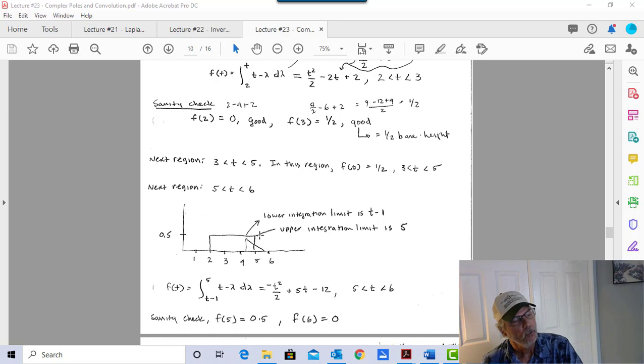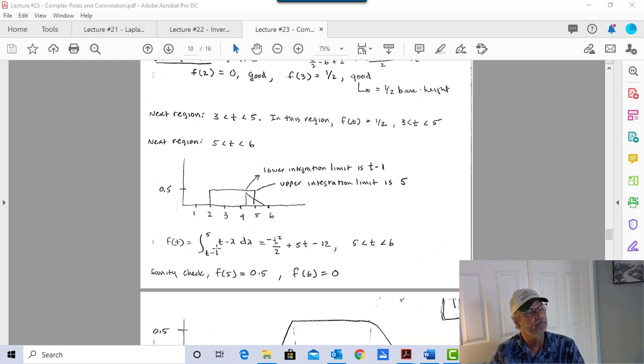So what you're seeing here is I'm handling this rectangle just by using limits of integration. But what I'm really going after is just the overlapping area. So here is my function again. It's just t minus lambda. And remember, t is a constant as far as this integral goes.